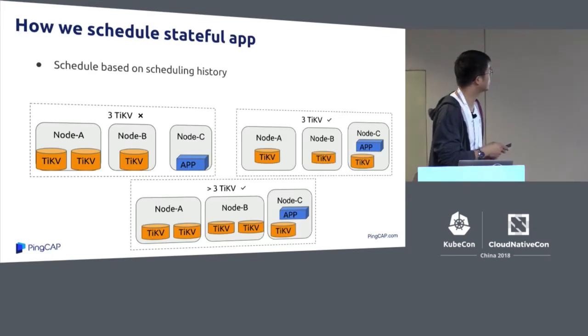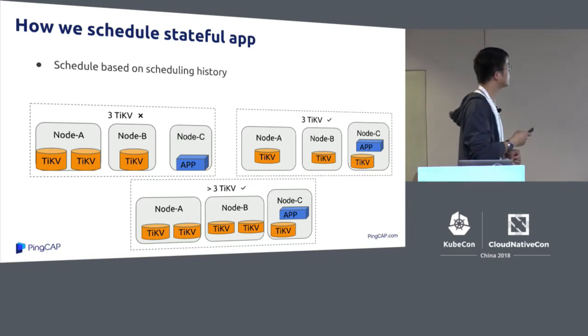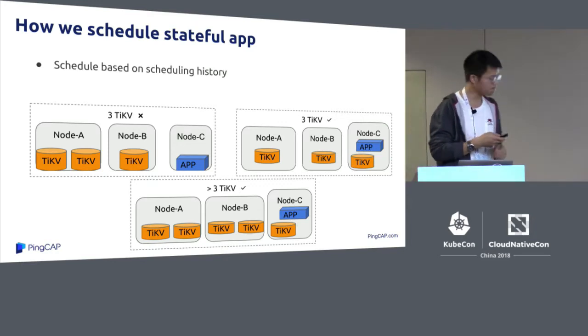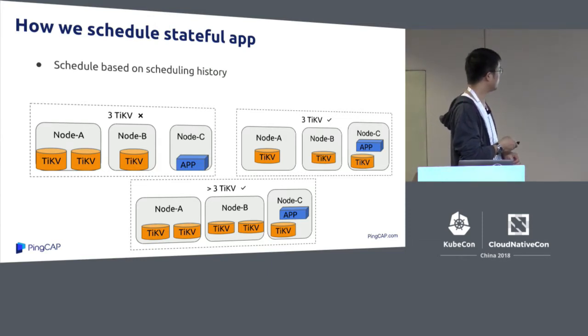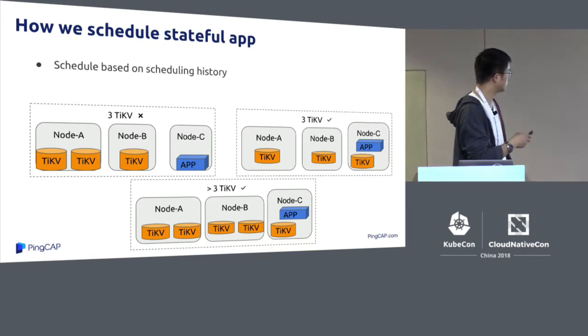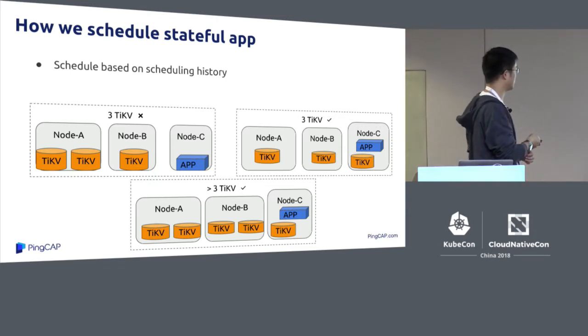And for stateful set scheduling with local PV, if we want to deploy three TiDBs like this and node A is down, then it will lose 2 replicas, and TiDB will be out of service.